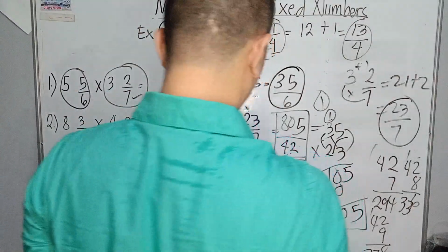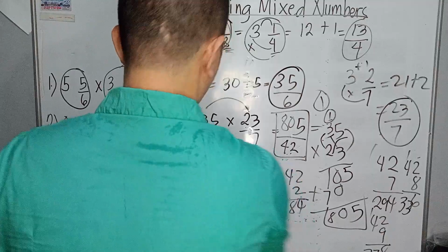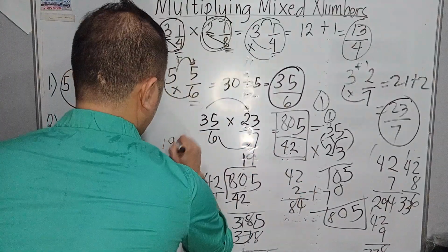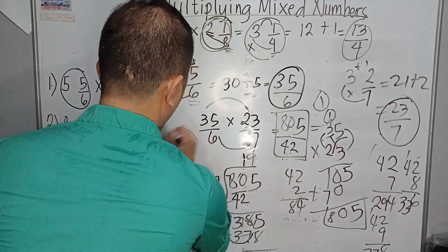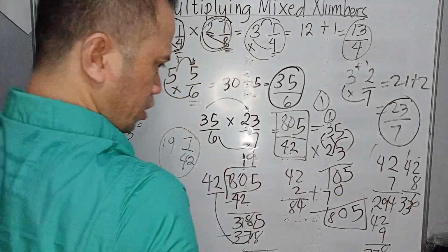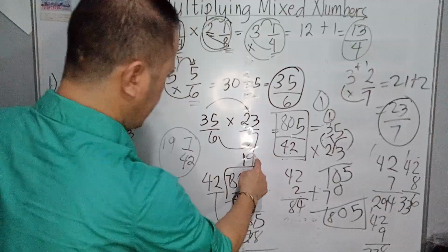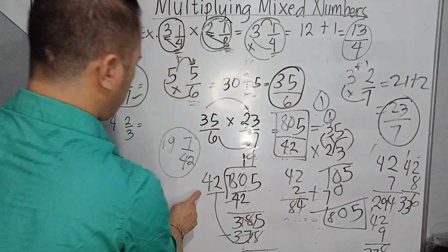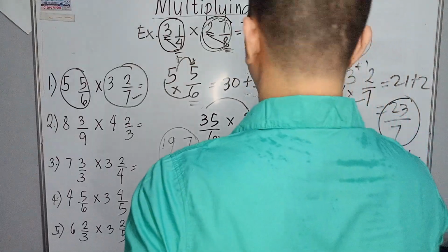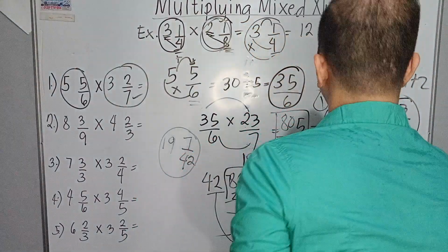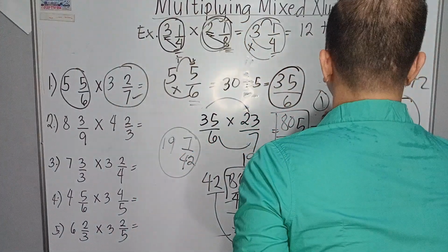So our answer now is a mixed number also, guys. So we have 19 and 7 over 42. Okay, so this will be our answer, guys. 19, then 7 over 42. That will be our answer for number 1.